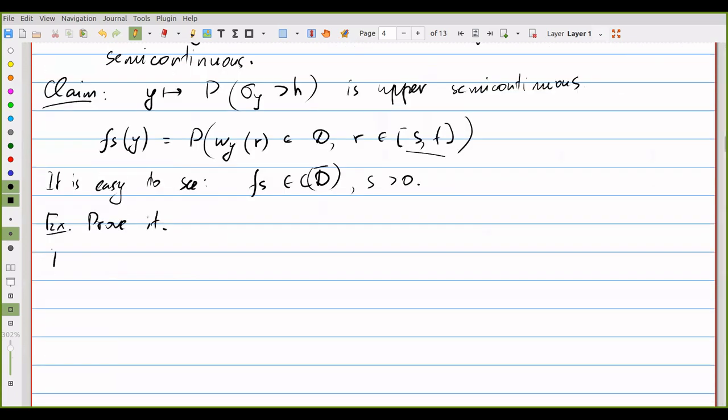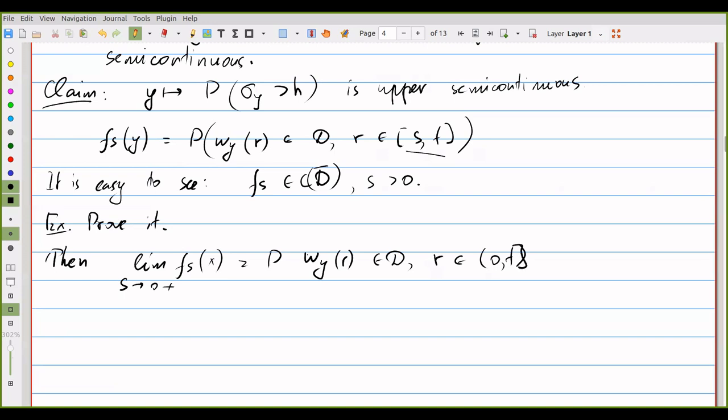Now, the limit when s goes to 0 from the right of these functions can be checked by pretty much the same argument, and this is exactly why I'm using h here.